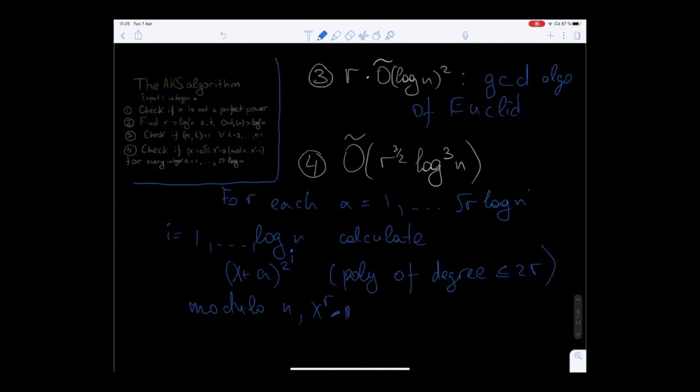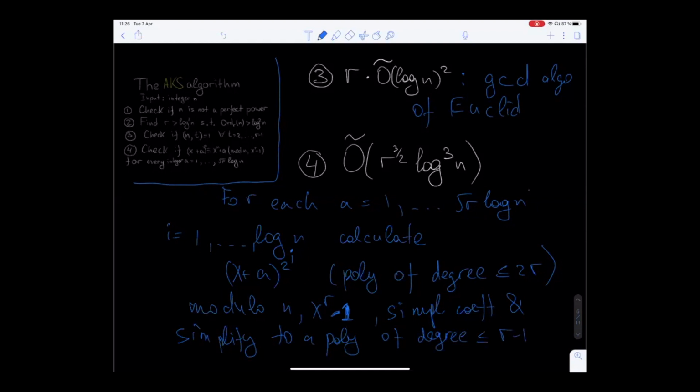I think we have to take modulo n all the time, because otherwise the numbers will get too big. At every step, we calculate this polynomial for i minus 1, and then we take a product of those two, and then we simplify the coefficients and simplify to a polynomial of degree at most r minus 1.